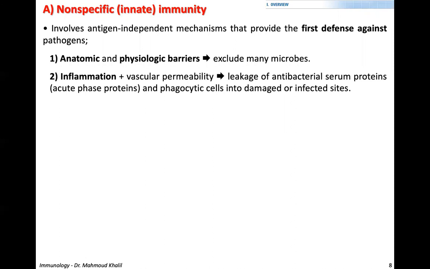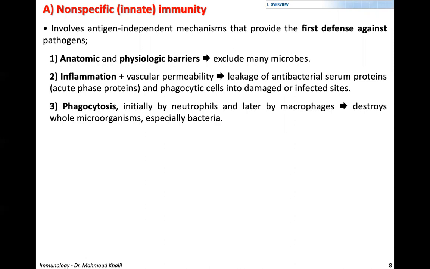As well, phagocytic cells need to migrate to the inflammation site and the damaged area to fight any microbes or any invader inside your body. And of course, these, the anatomic, physiologic, and the inflammation, all of them are non-specific.